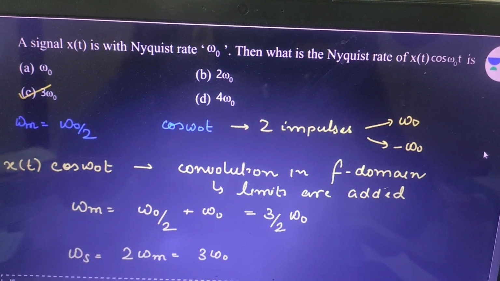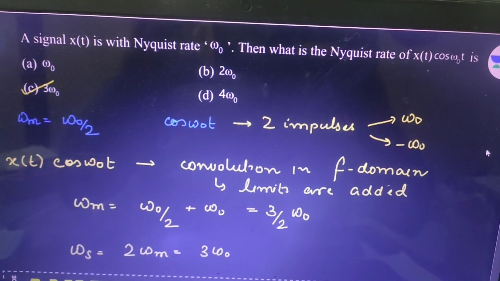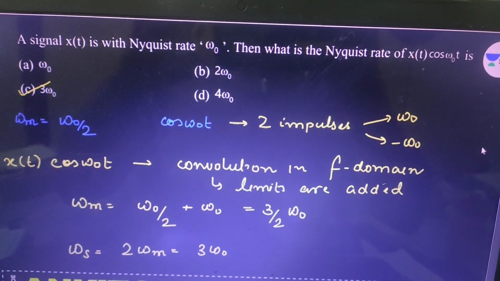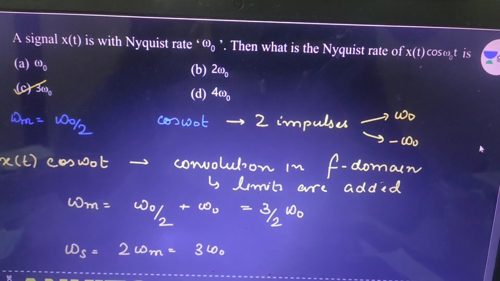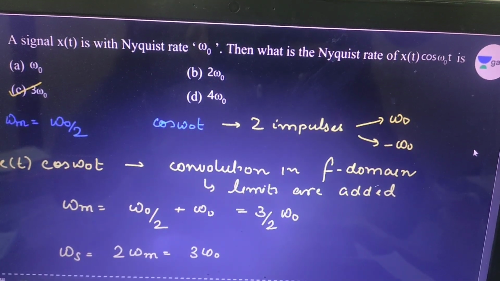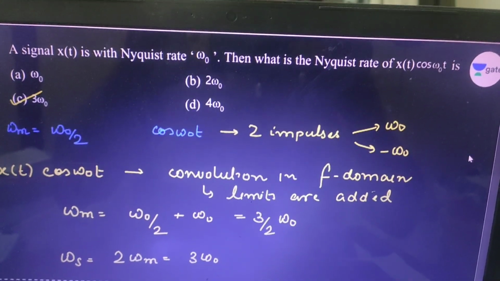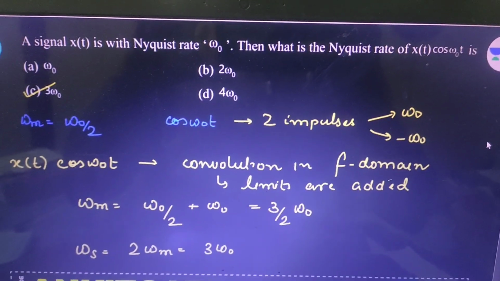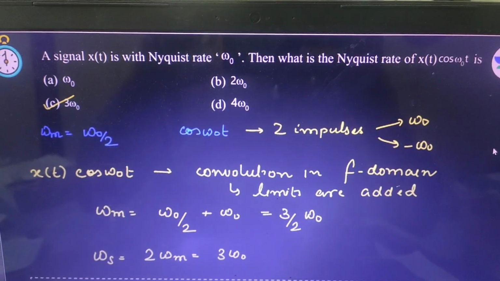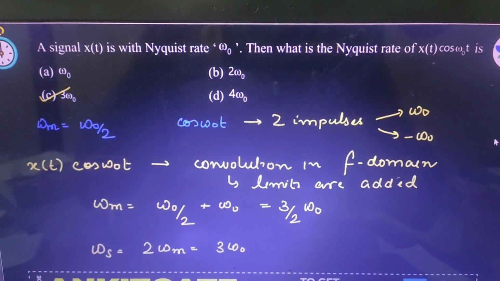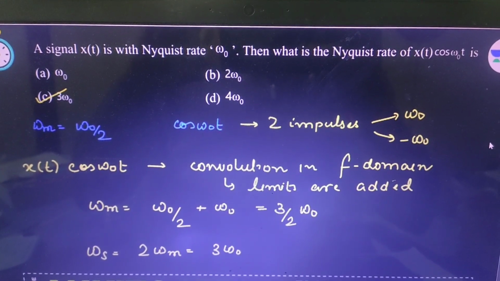So here the maximum frequency is omega naught plus omega naught by 2, you will get 3 by 2 omega naught. We know Fs equals 2 times Fm, omega s equals 2 times omega m. So 2 times omega m, which is 3 by 2 omega naught, gives 3 omega naught.